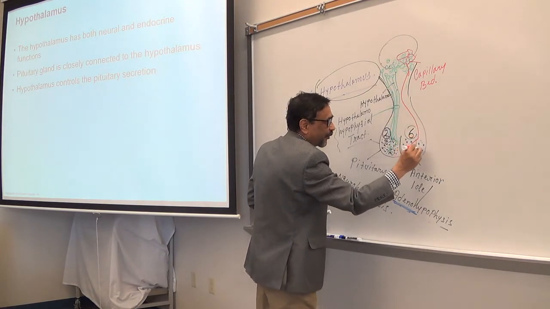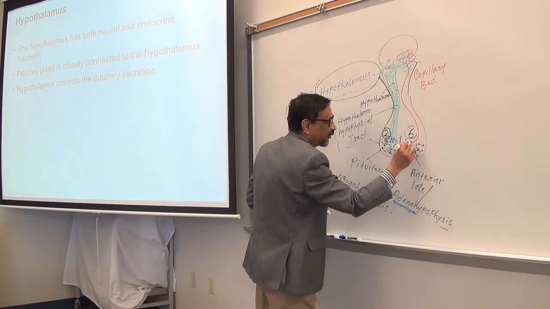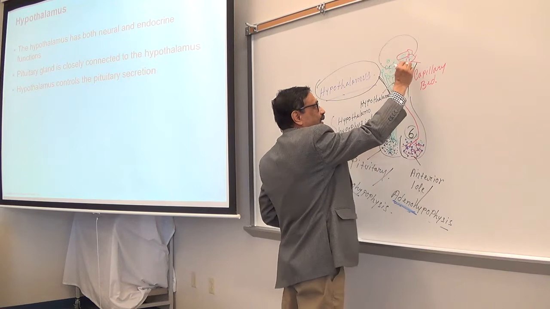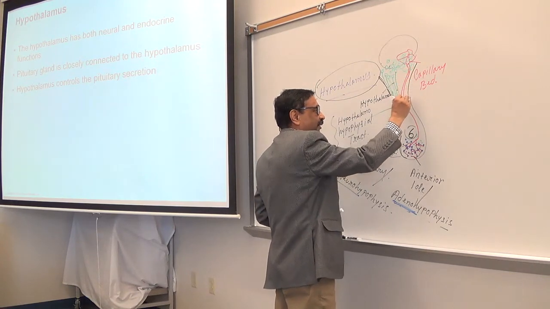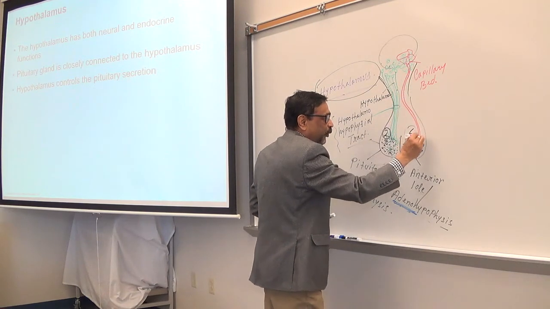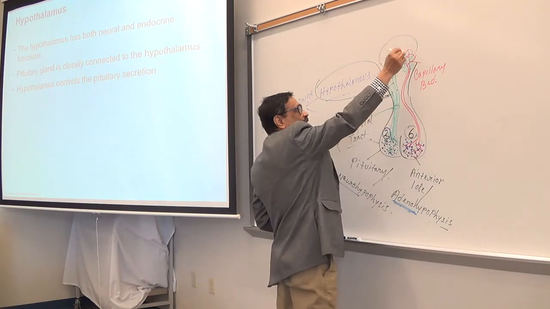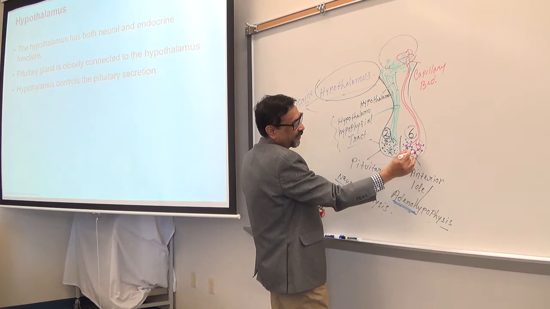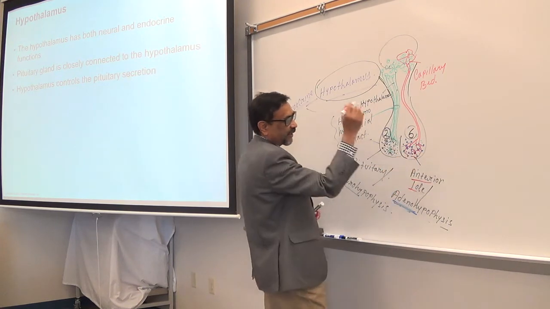And here you have another capillary bed. So these are capillaries, and this is the blood vessel connecting 2 capillary beds. One capillary bed is in the hypothalamus, another capillary bed is in the anterior pituitary.